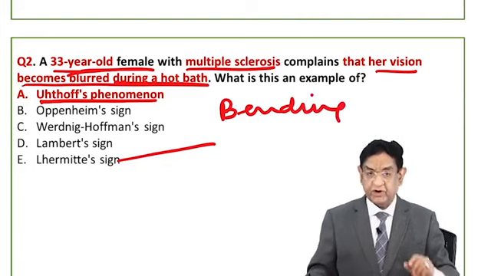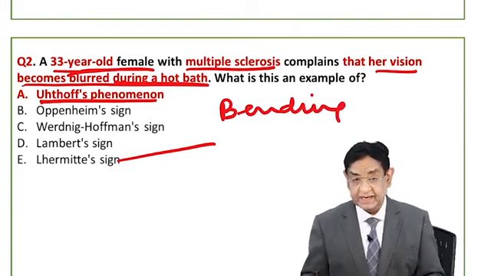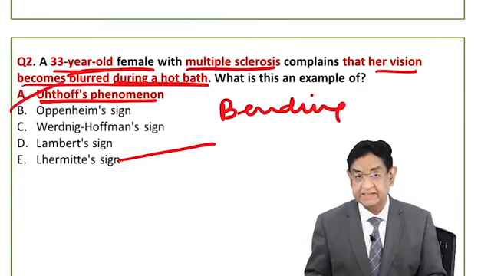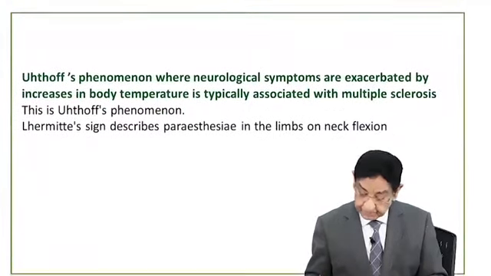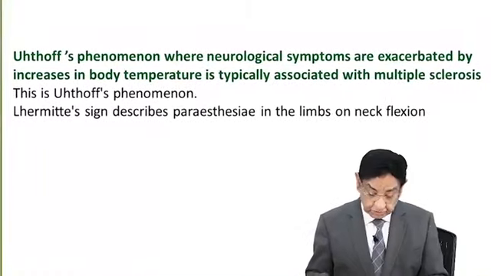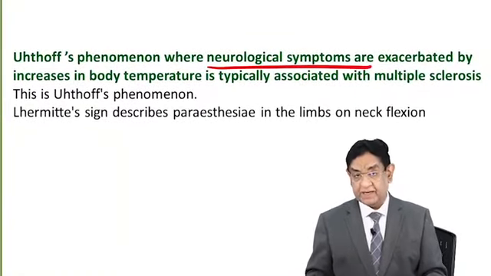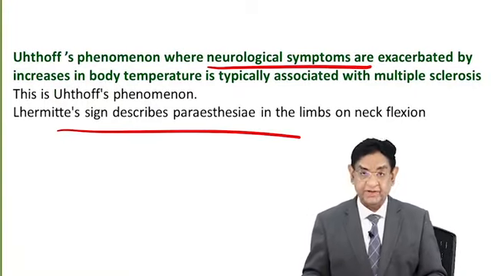Bending the neck forward is the so-called Lhermitte sign. So Uhthoff phenomenon is when the problem increases after a hot bath, and Lhermitte sign is when the neck bends forward.